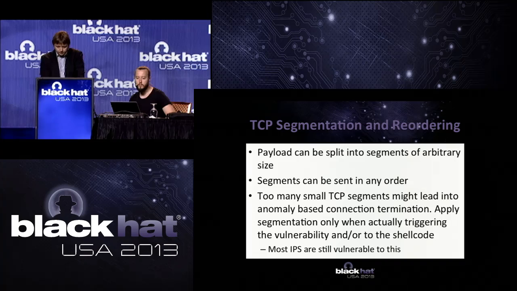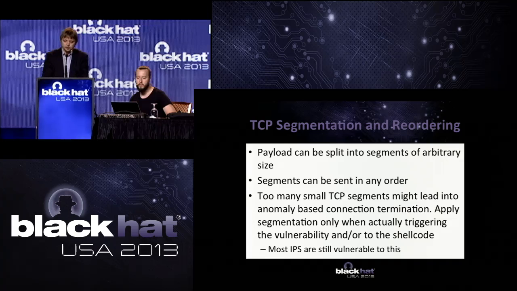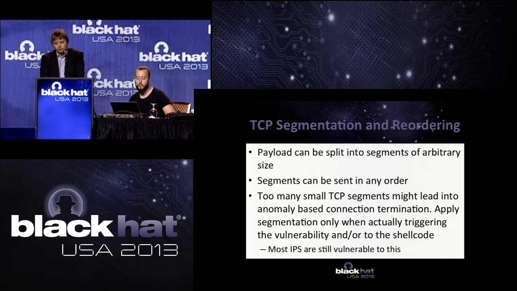If we then send these segments in the wrong order, it's really difficult for the IPS systems to put these segments together and notice the attack. But this is really old stuff, it was in the Ptacek paper, and it is implemented quite nicely in fragroute, for example.